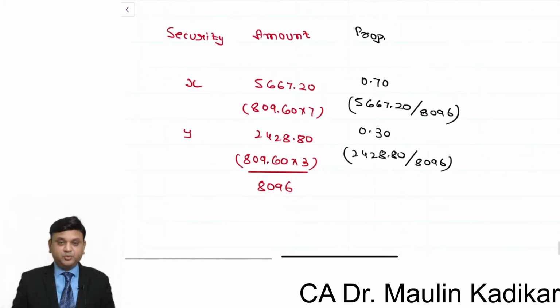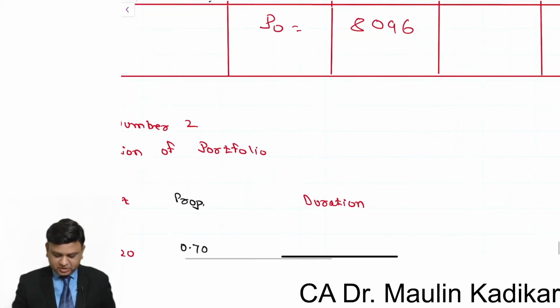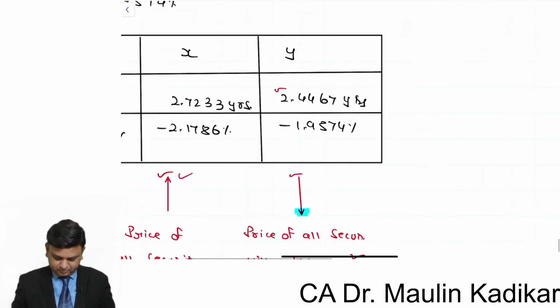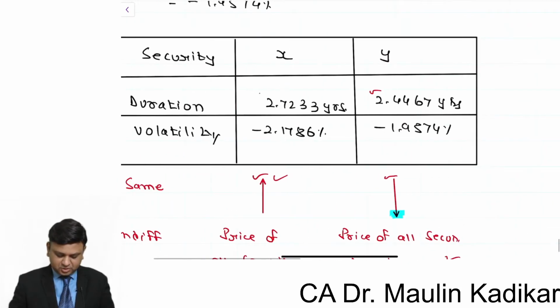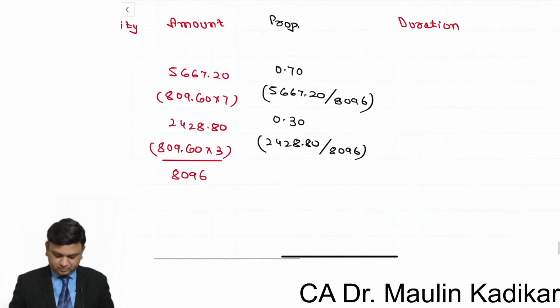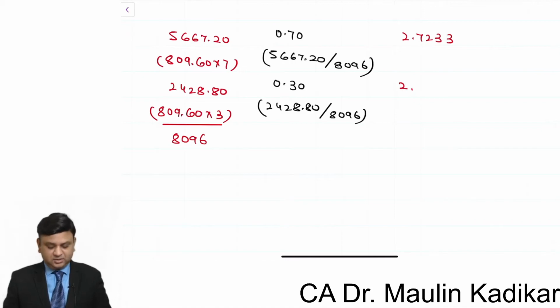That is the way we compute the proportion. The proportion will be multiplied with the duration. The duration of security X and Y we have already found over here. Yes, here is the duration: 2.7233 and 2.4467.